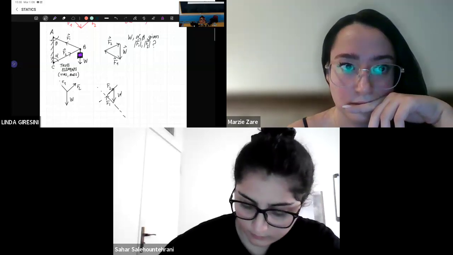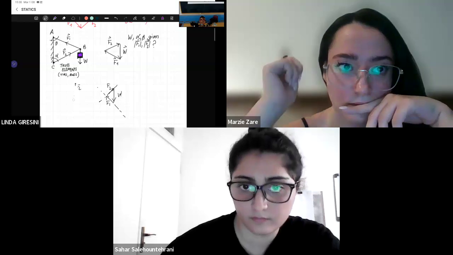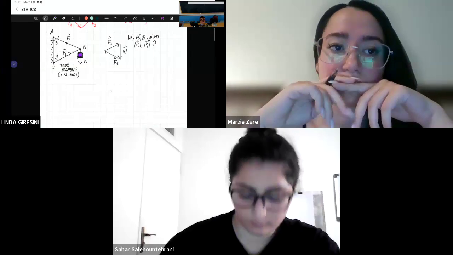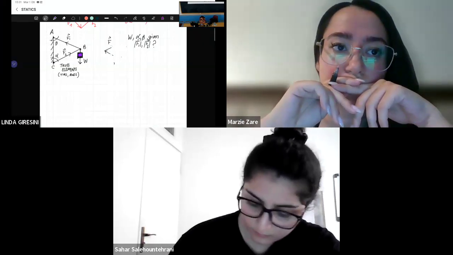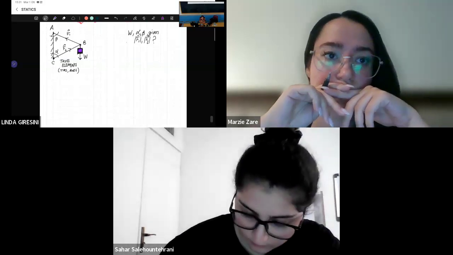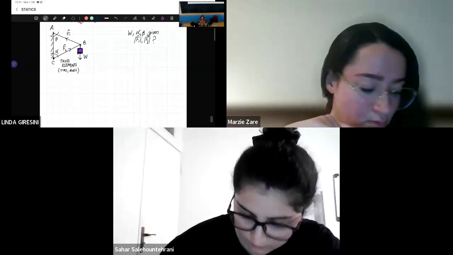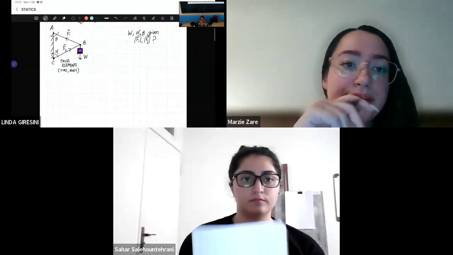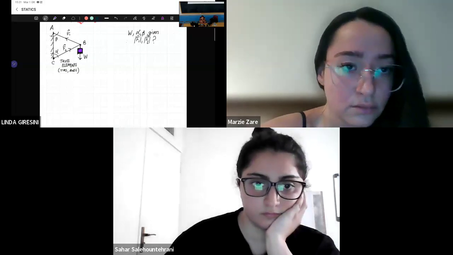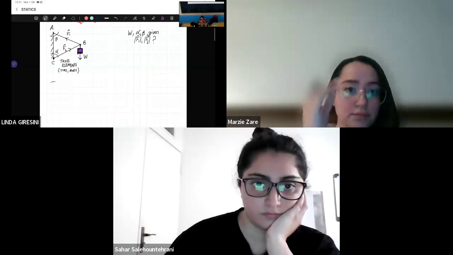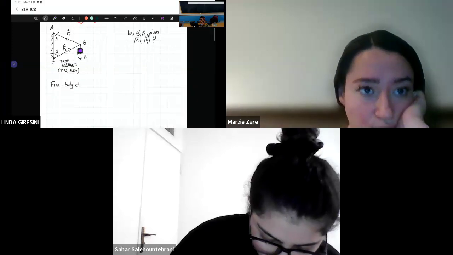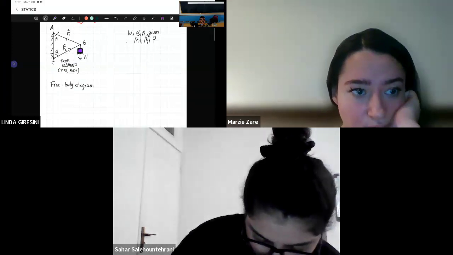Okay, let me delete everything. I will explain it again for all of you. So the first thing to know is, if you don't know anything, you proceed with the equilibrium conditions, which in this case are sufficient. So the free body diagram is this one.